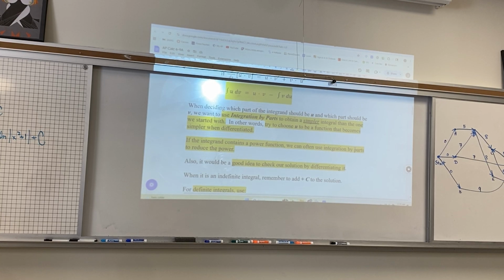If I'm taking the integral of something that has a power to it, we can often use this method to reduce the power. So it's going to help me make things a little easier. And of course, you can always check your answer by doing the product rule. When you get your answer, you do the product rule and see if you get the integrand.